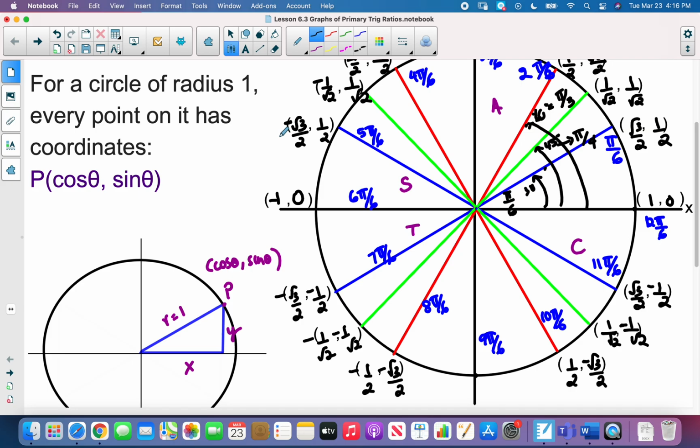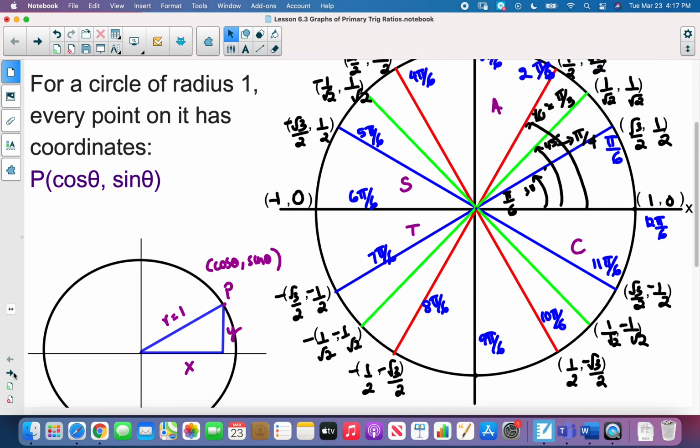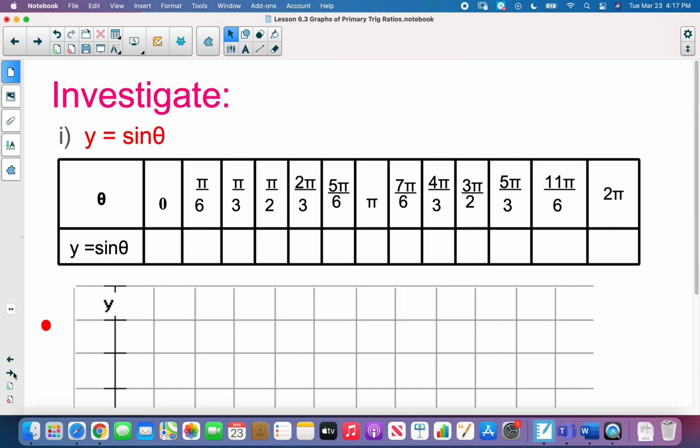We need to kind of know our special triangles also, which we learned the last lesson. We're going to use this now to graph our primary trig ratios. We're going to investigate and graph y equals sine theta.